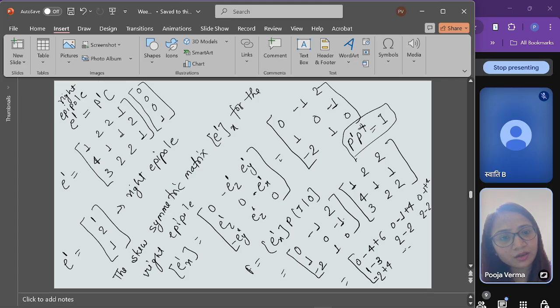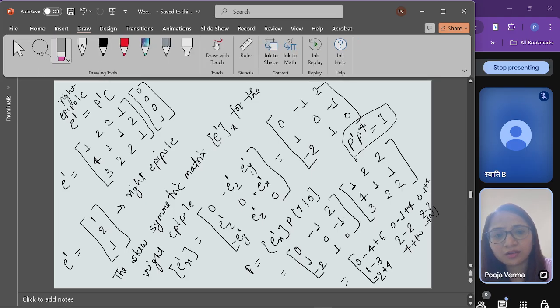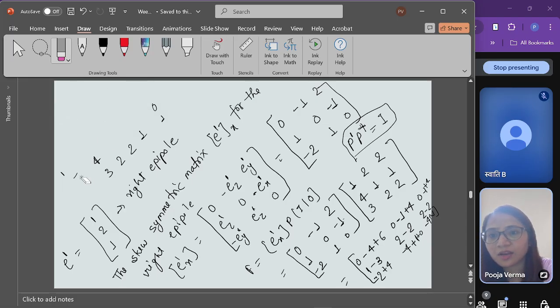Here minus 4, 2 into 2 plus 1, right? And plus 0 will be there because the last is 0. So minus 4 plus 1 again you will get here. So I'm writing it here, just removing it from here.